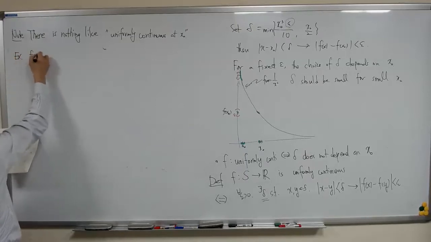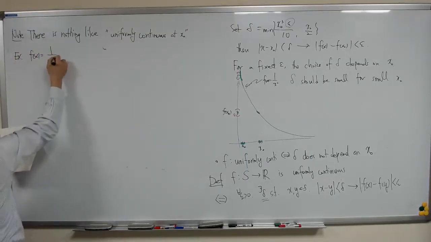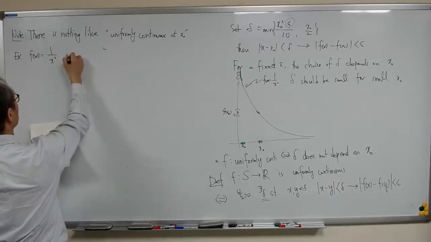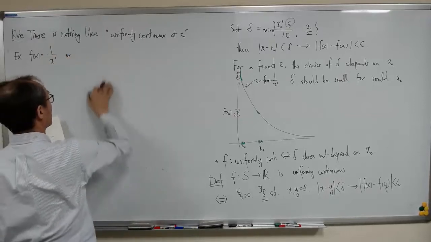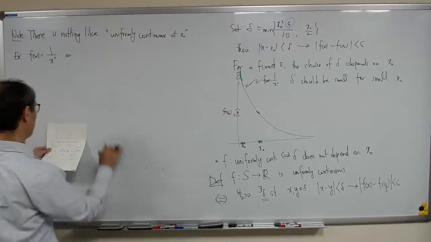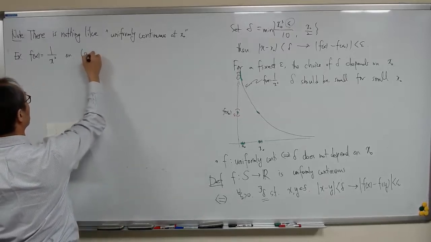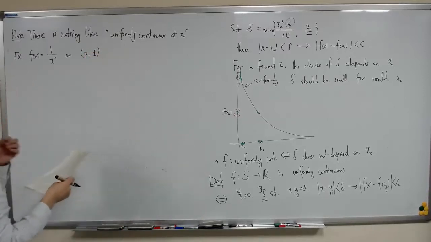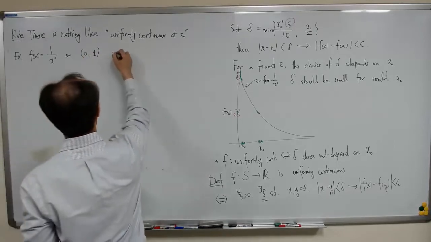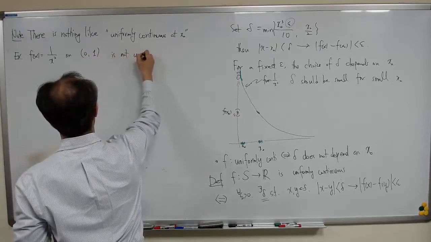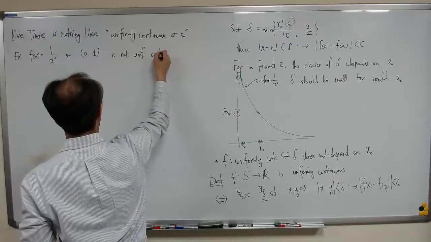So let's get back to this example again, 1 over x squared. Let me restrict the domain of the definition to the interval from 0 to 1. This is not uniformly continuous.